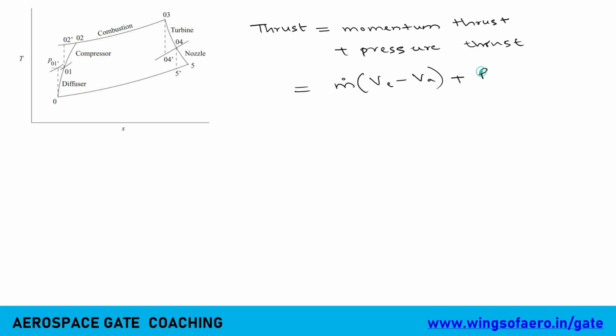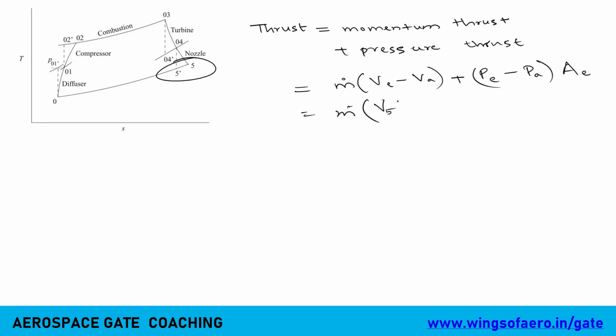Then we have PE by PA of the exit temperature. Now E here is exit. So what is the exit point? Here it is 5. It's the exit point, right? That's why I'm writing 5.